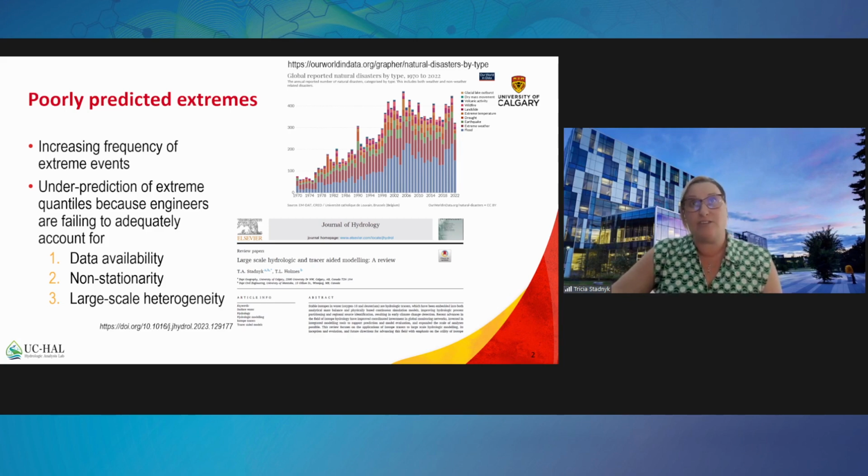And large-scale heterogeneity. So when we look at things at a whole watershed scale, things are changing so rapidly that some of the modeling methods and tools that we have aren't able to capture the actual changes that we see. And this has a compounding causation and multifactorial effect on our ability to accurately predict the extremes.